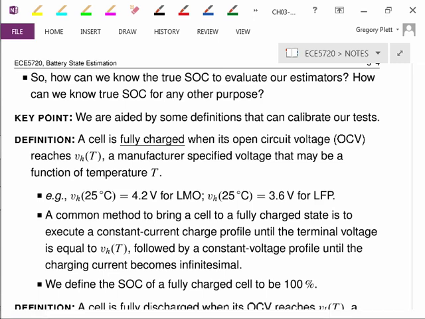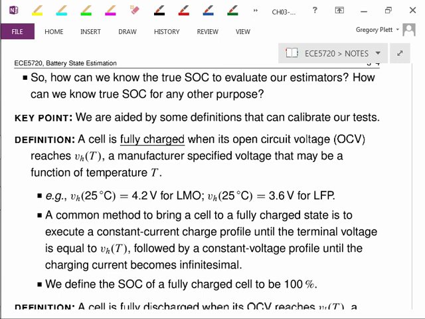So we end up saying, well, we can never really know the truth for sure, but there will be ways to do some cell testing in the laboratory where we can get quite accurate calculations of state of charge that we would not be able to make with such accuracy in an actual application.